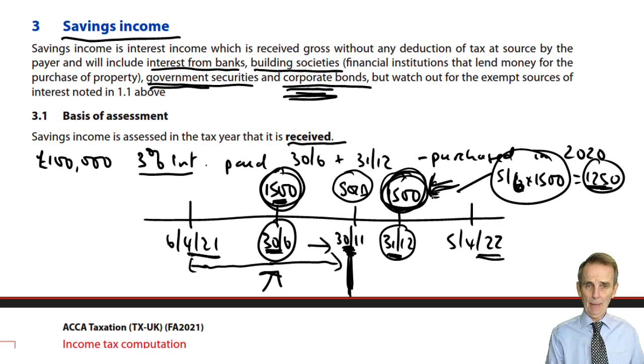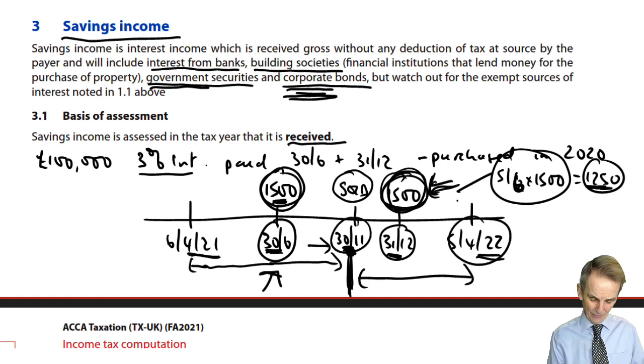So all that happens, it's very simple, is that when you look at the buyer, who for the 21-22 tax year has had it from the 30th of November to the 5th of April, they have received £1,500. That was the amount received.